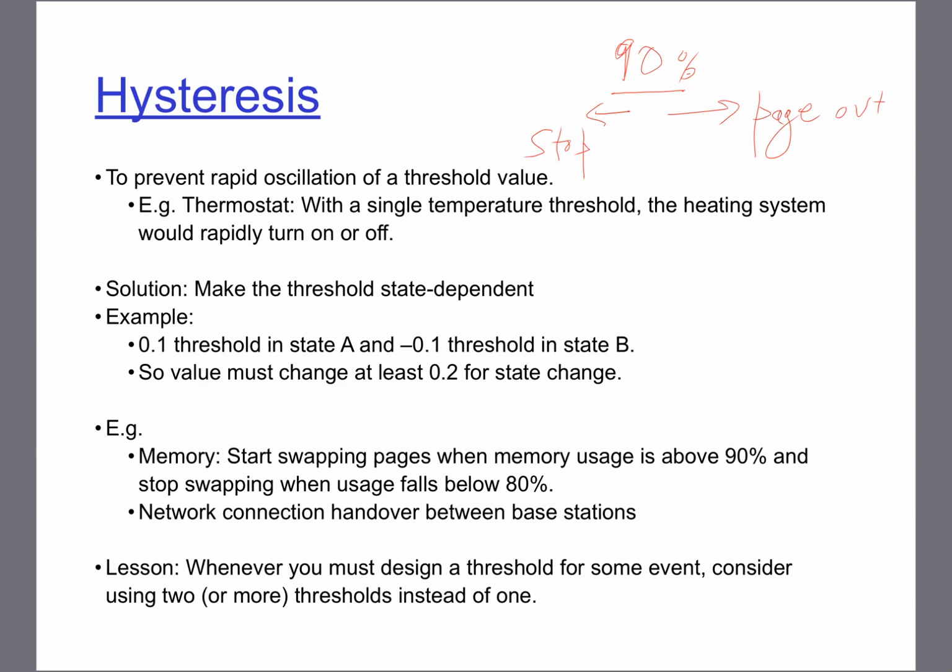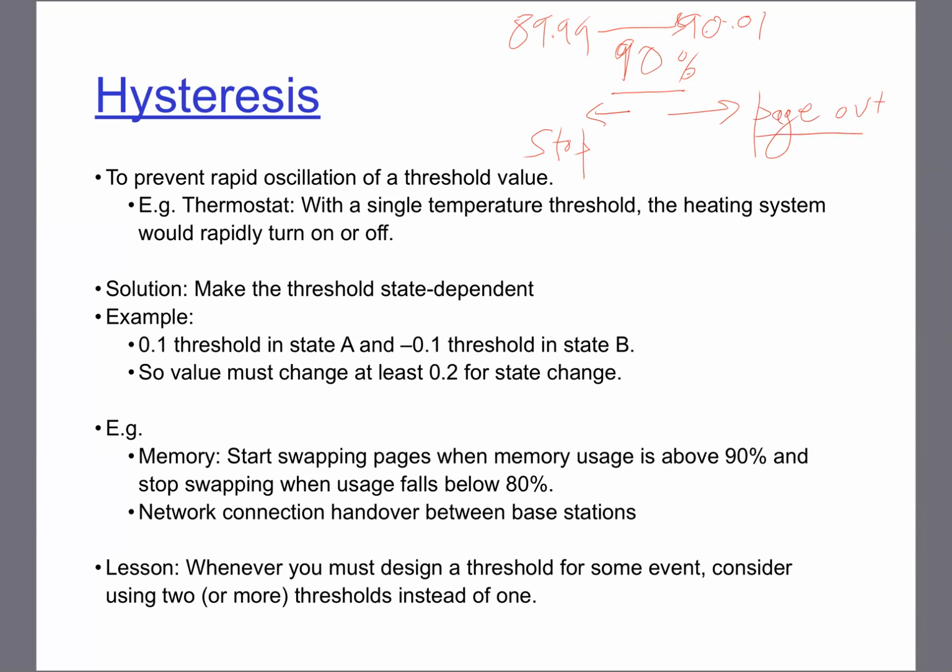So again, the same threshold issue will happen. When we reach 90.01% memory usage, the swapping will kick in, but as soon as it reaches 89.99, swapping will stop, right? But somebody is going to do a malloc right away, and the memory usage is going to shoot above 90% again, and the swapping mechanism will kick in again.